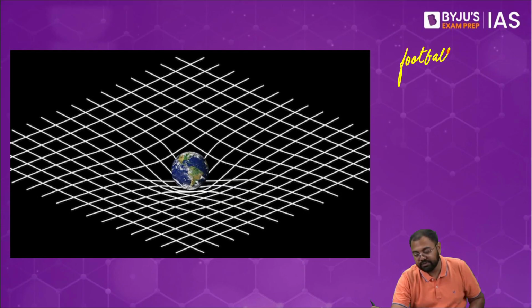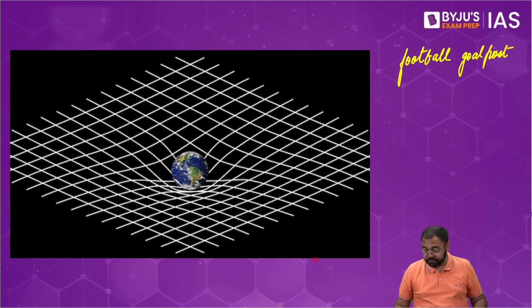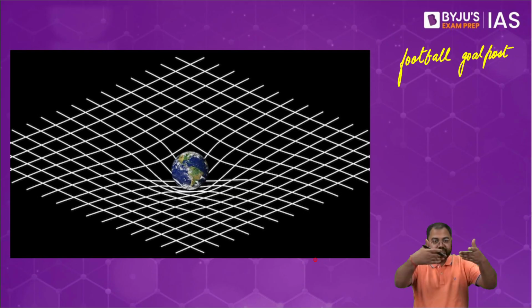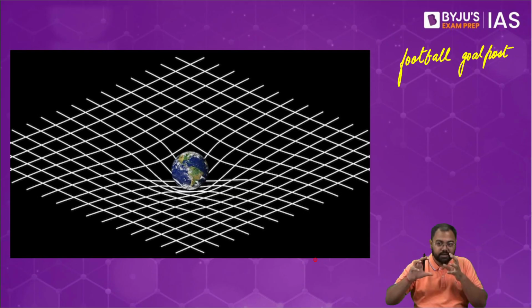Now, what do we see at a football goalpost? Let's say somebody kicks a football towards the goalpost, what happens? As soon as the football hits the net, waves will be produced out of the net. Correct? How violent these waves will be depends on the mass of that football.